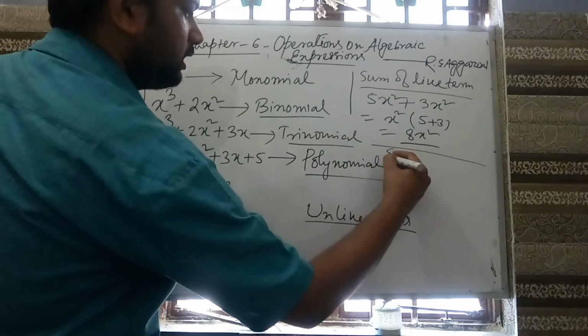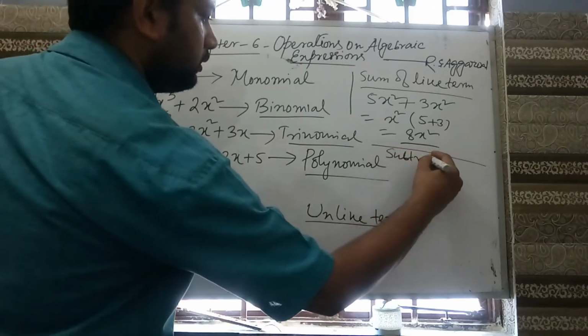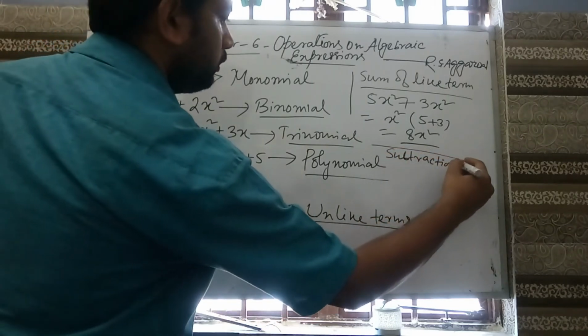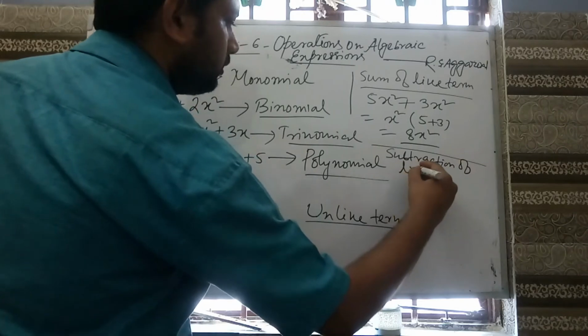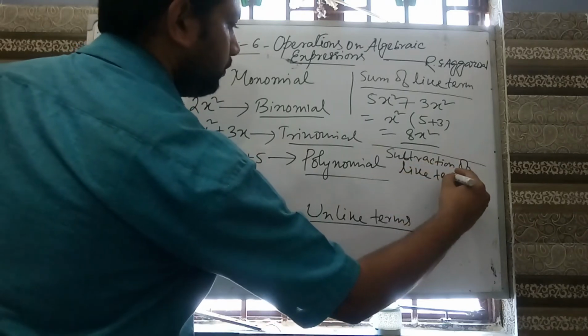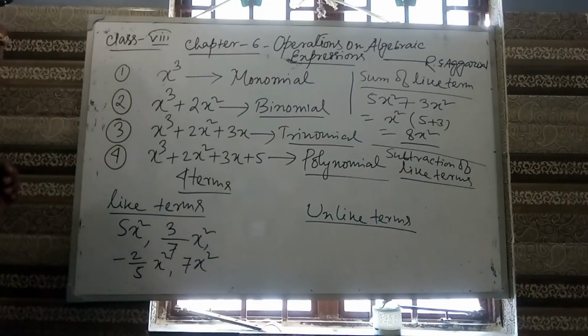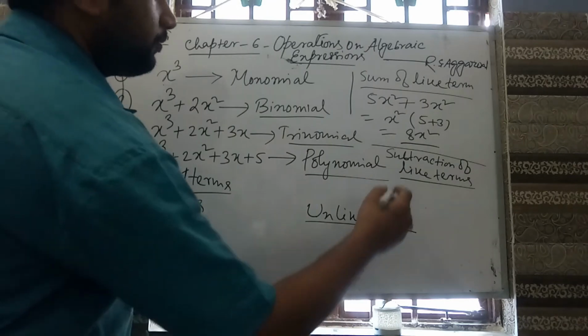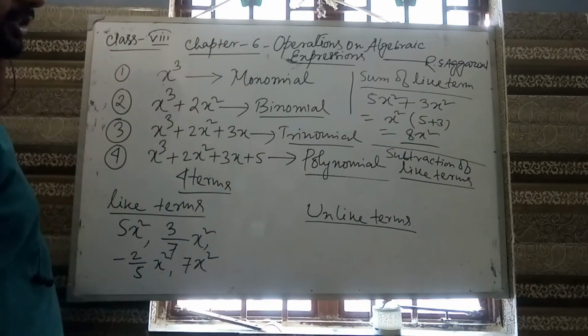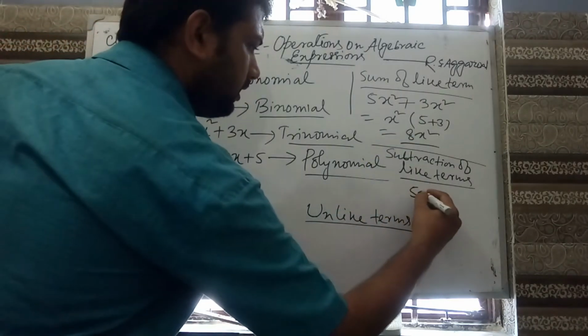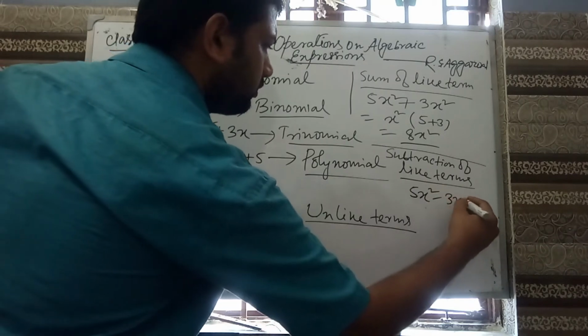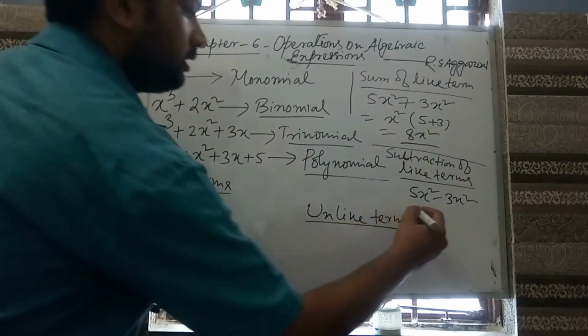Similarly, subtraction of like terms. Just listen to me. Subtraction of like terms: 5x square minus 3x square. Exactly similar.